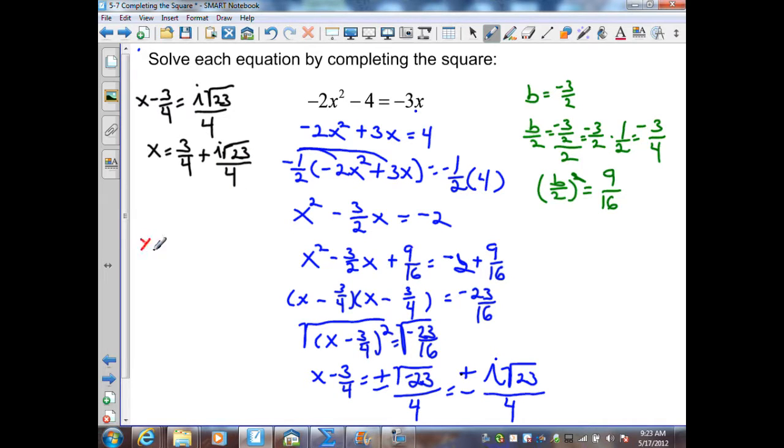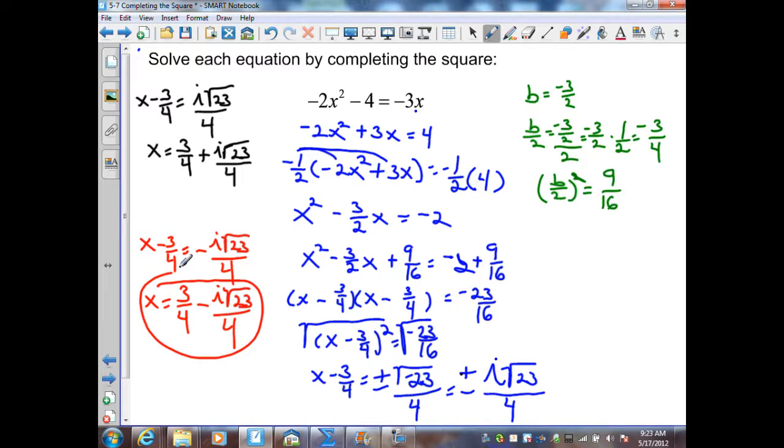My second one, x minus 3/4 equals a negative i square root of 23 over 4. Add 3/4 to both sides, I get x equal to 3/4 minus i square root of 23 over 4. So I have two imaginary solutions. So when I graph, this graph does not intersect the x-axis, and since this is negative, it's actually pointing down.